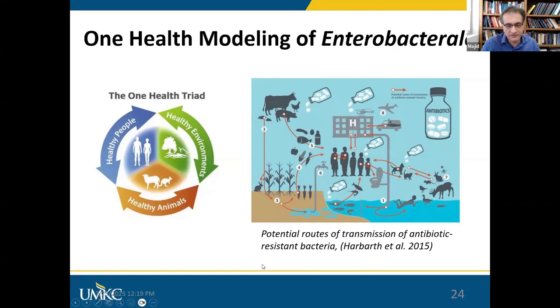This is from a paper published in 2015, showing how antibiotics used in each of these sectors, including hospital, community, and farm, can cause a huge increase in antibiotic resistance. The final suggestion of this study is that these sectors need to work more closely together to prevent or reduce unnecessary use of antibiotics.